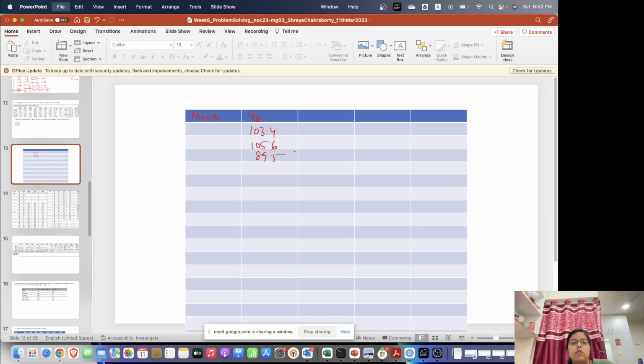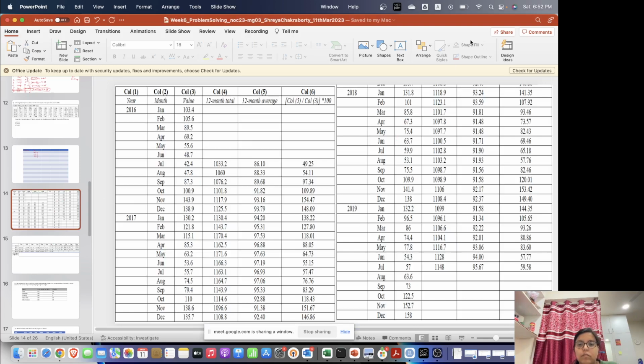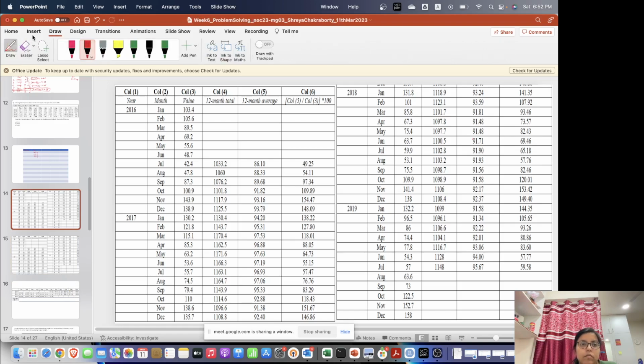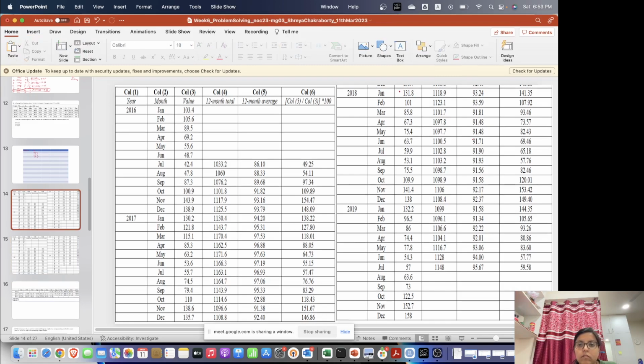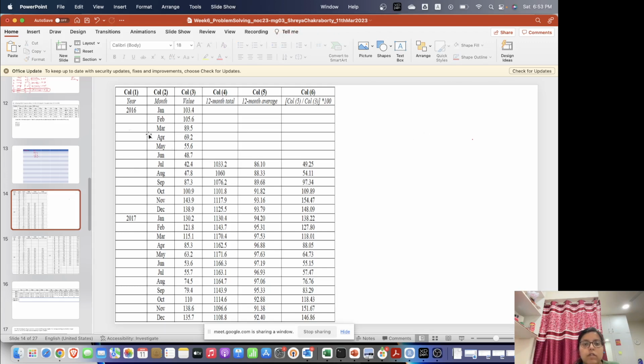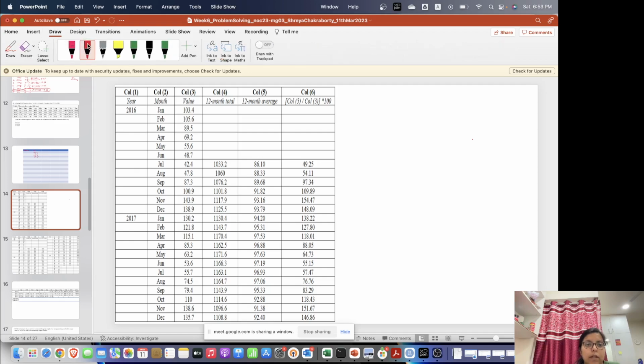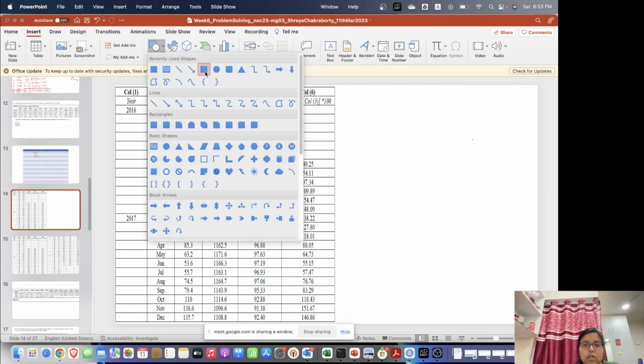So just to save some time, I've already computed this thing. Okay, so first we'll try to understand what is happening over here.